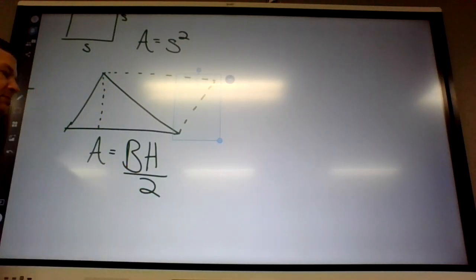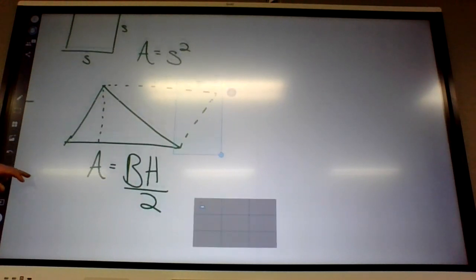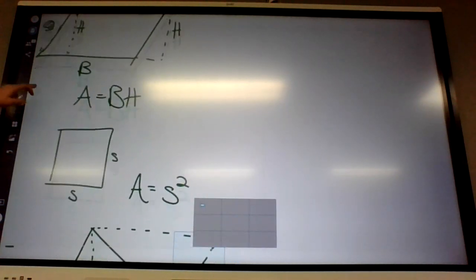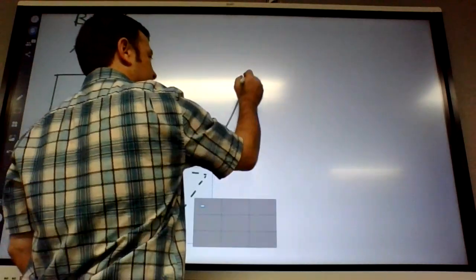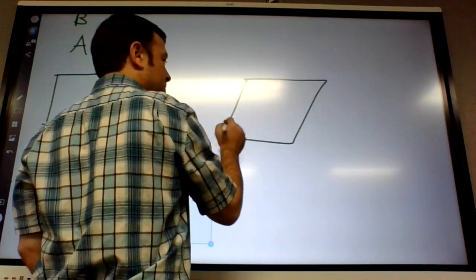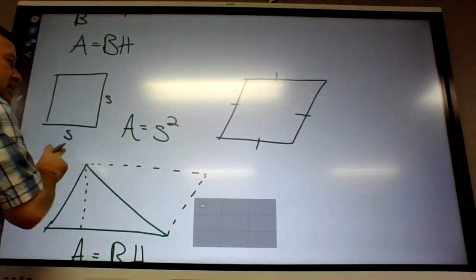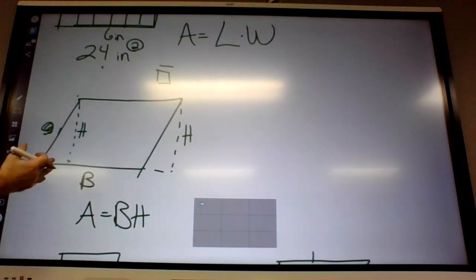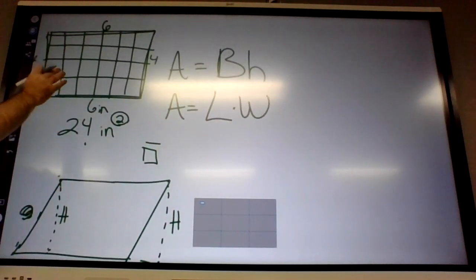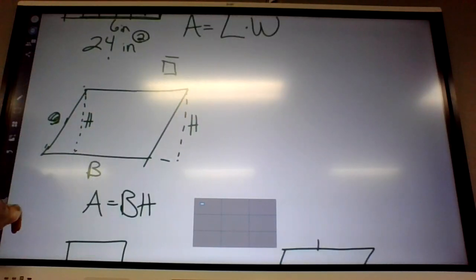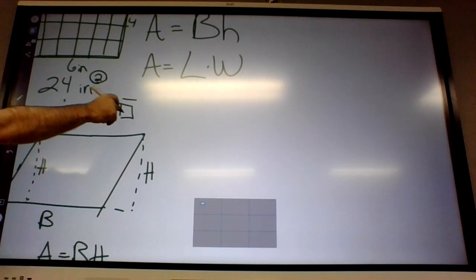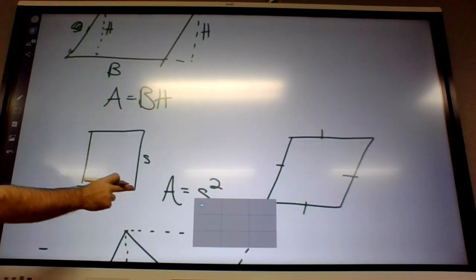Divide by 2. Okay, so really everything we talked about, squares, and by the way, a rhombus is a type of parallelogram too, right? So it is base times height as well. So squares and rhombi, parallelograms, rectangles, all of them, even though I wrote them a little bit differently sometimes, are base times height.